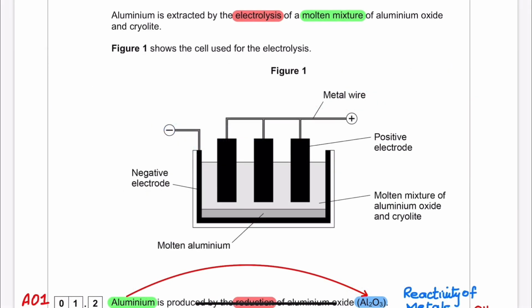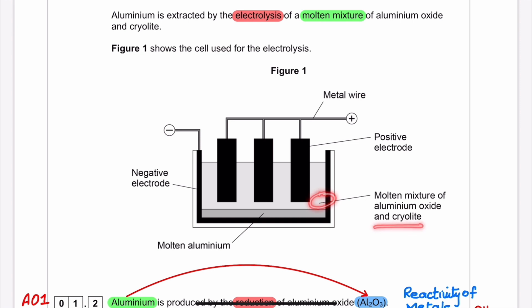Aluminium is extracted by the electrolysis of the molten mixture of aluminium oxide and cryolite. Figure number 1 shows the cell used for the electrolysis of aluminium oxide. These are positive electrodes, these are negative electrodes, and here the molten mixture of aluminium oxide and cryolite is present.